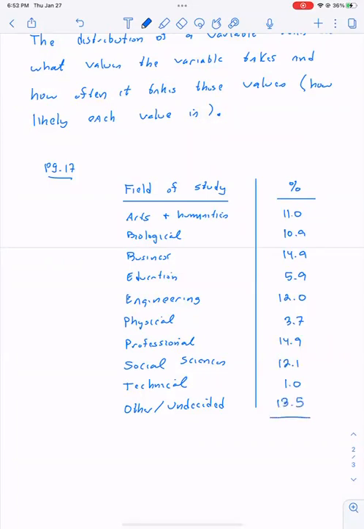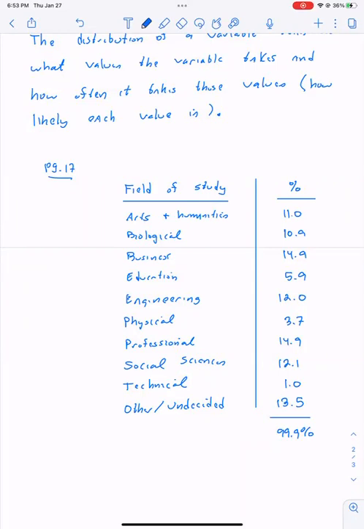Now, when I add up those numbers, what do you expect those percentages to add up to? 100. Yeah, it should be 100%, but if you actually add them up, you get 99.9%. Now, when I ask my students every year, where's the other 0.1%?